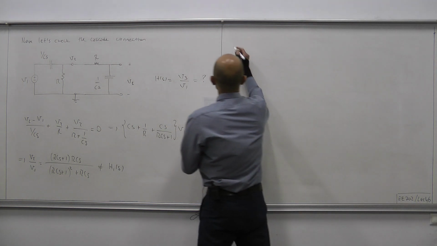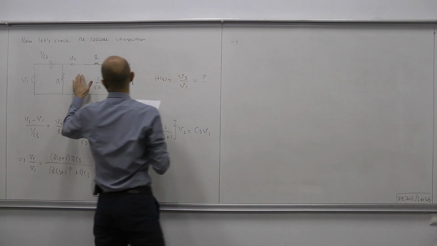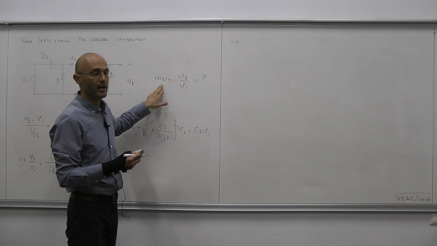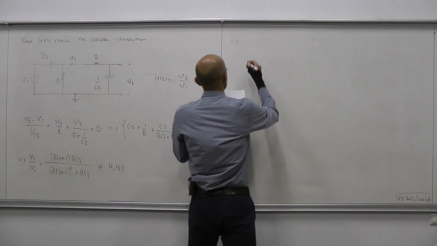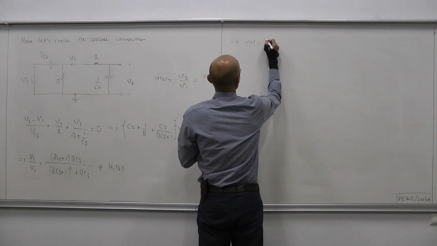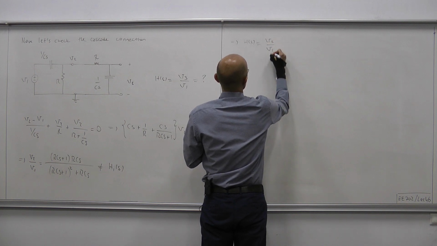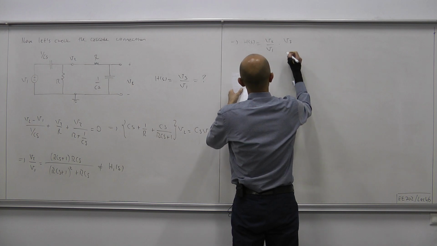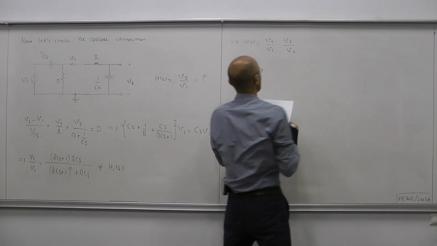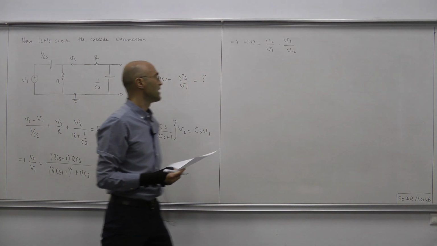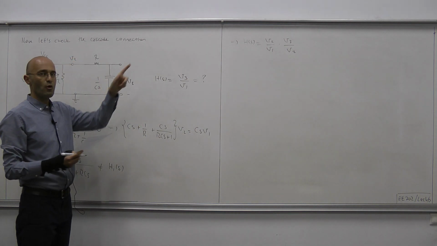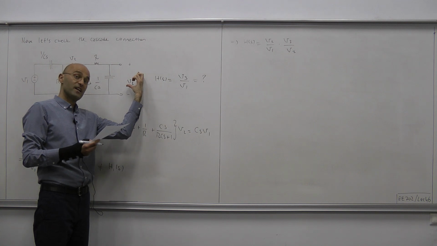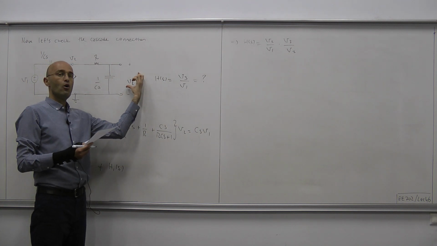Okay, now let's continue with our analysis in the cascaded circuit and obtain the final answer H of S. Now H of S equals V2 over V1 times V3 over V2. As for V3 over V2, we can use the transfer function we obtained from the disconnected case, because the second port of the second circuit is still open circuited.